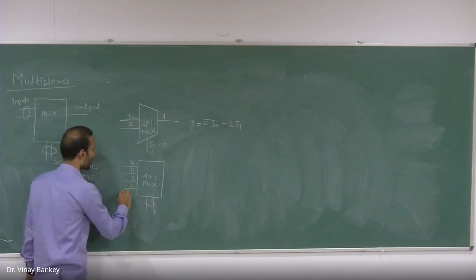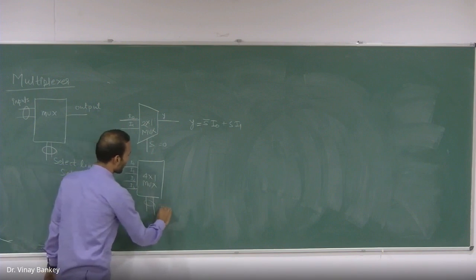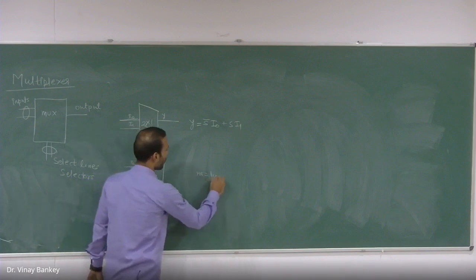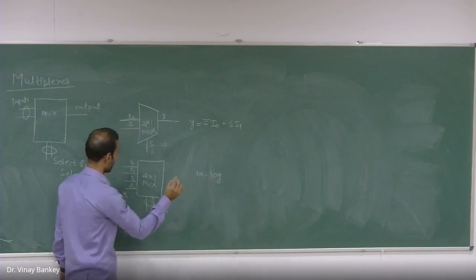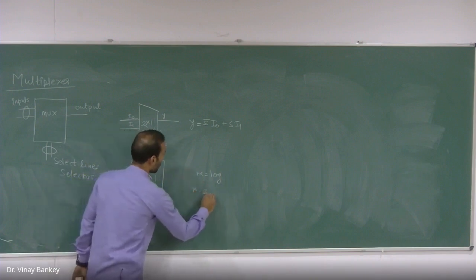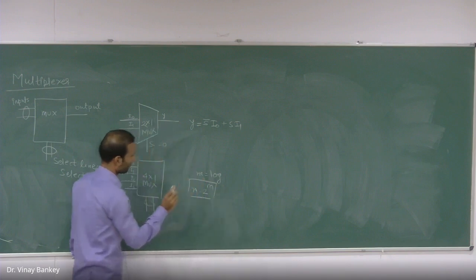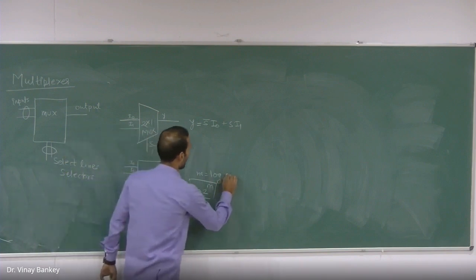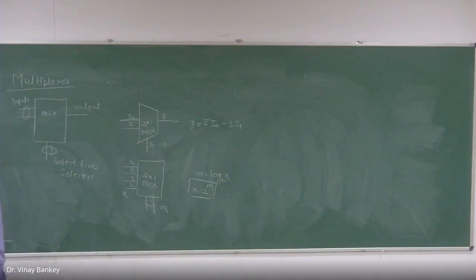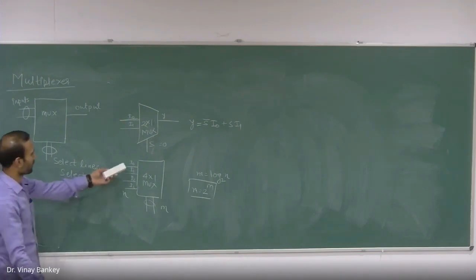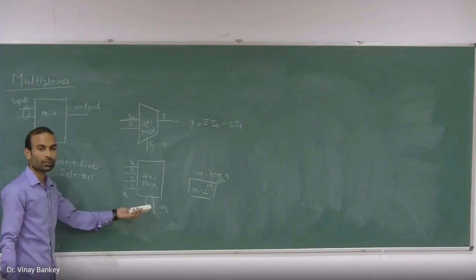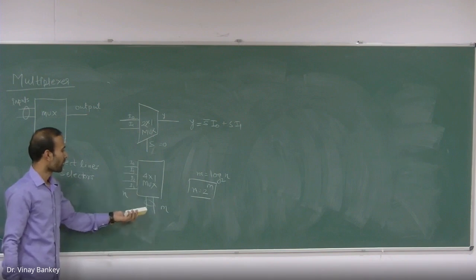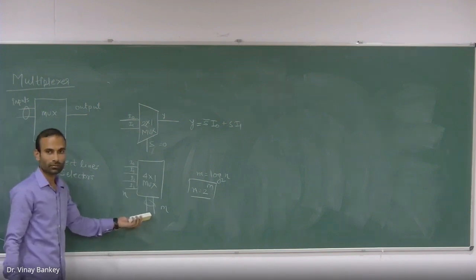Let the number of inputs be n and the number of selection lines be m. Then n equals 2 power m, so m equals log n base 2. Correct? So for the 4x1 MUX, you should have 2 selection lines, isn't it? Then only can you select one input for a definite combination of the selection lines.